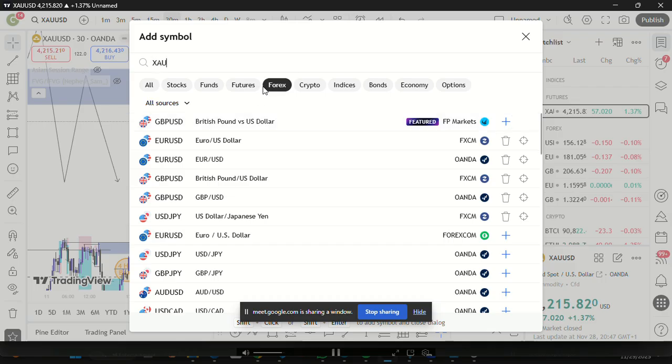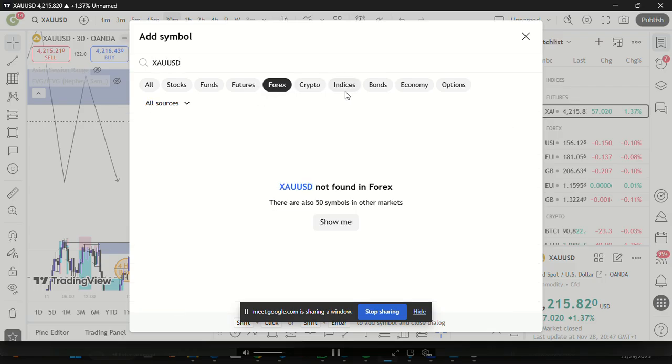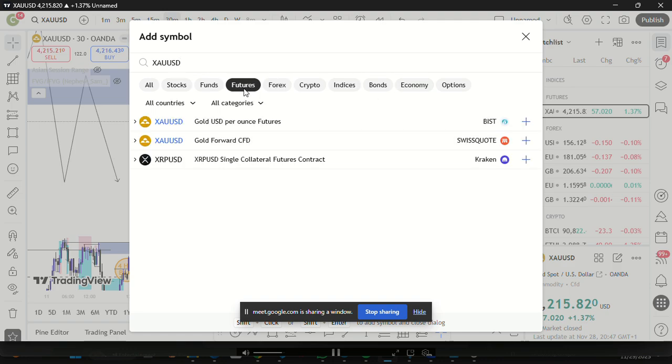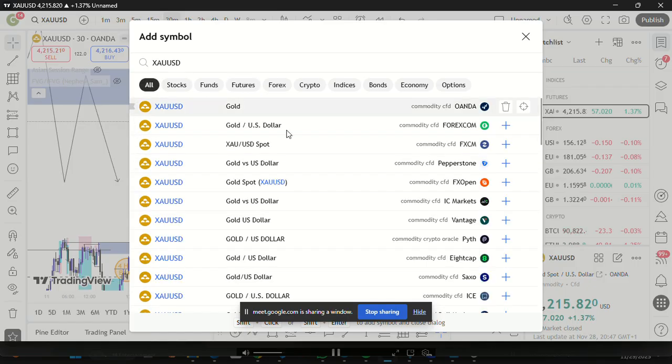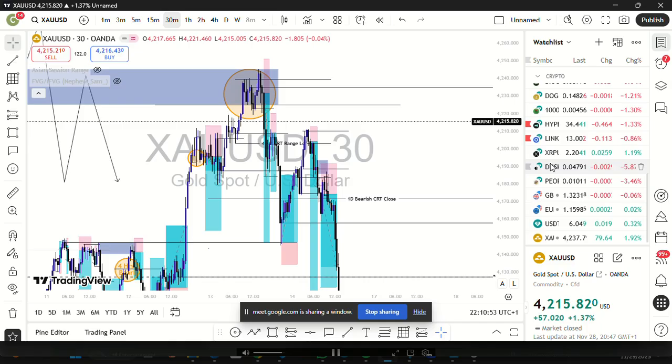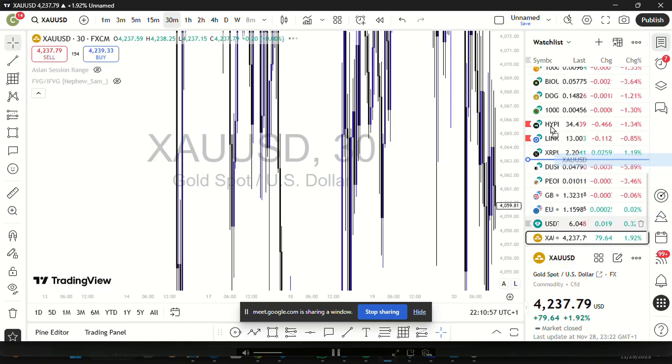XAUUSD. Let me use fx.com. Okay, let's go to a blank chart for gold, XAUUSD. Let me take it to the top. Let me just leave it here.